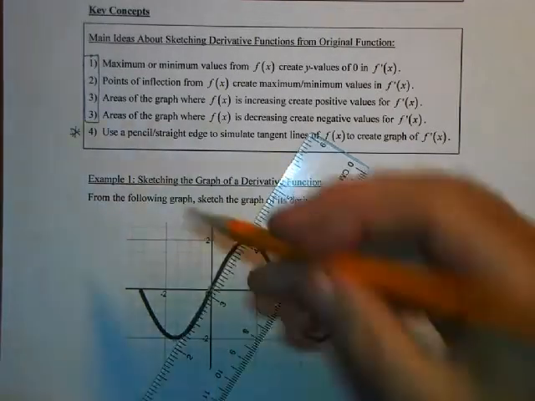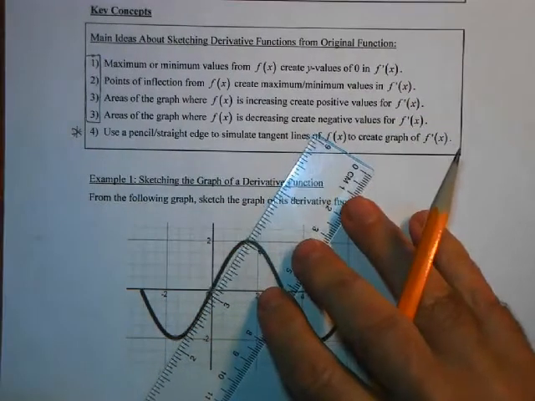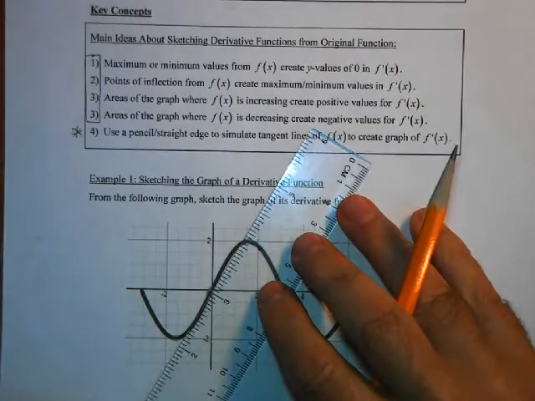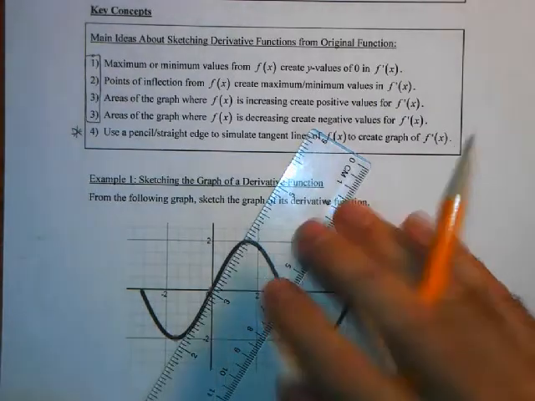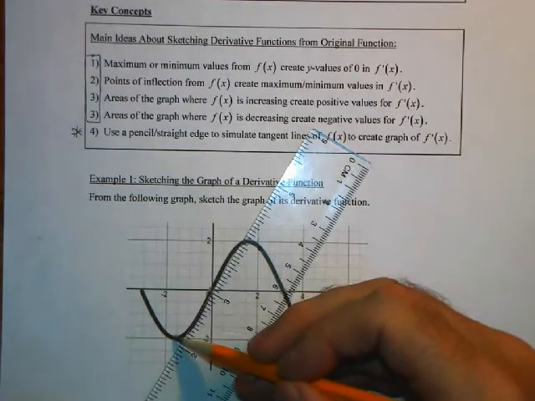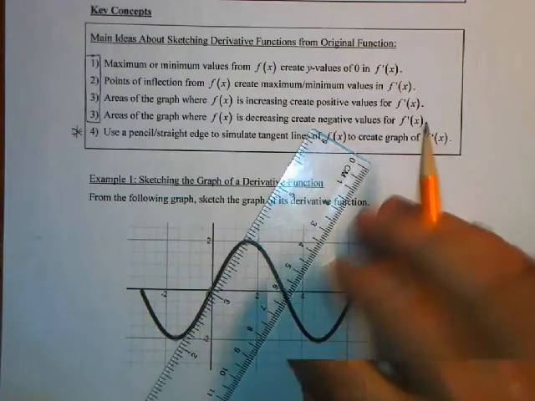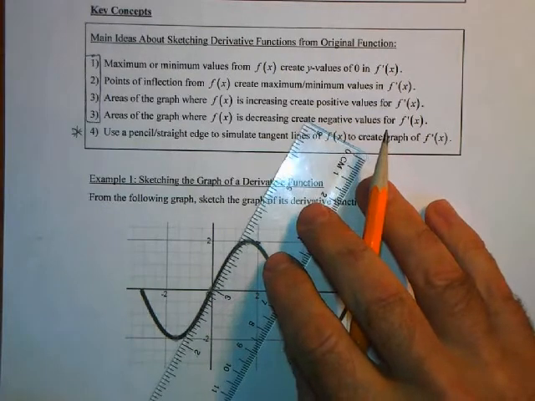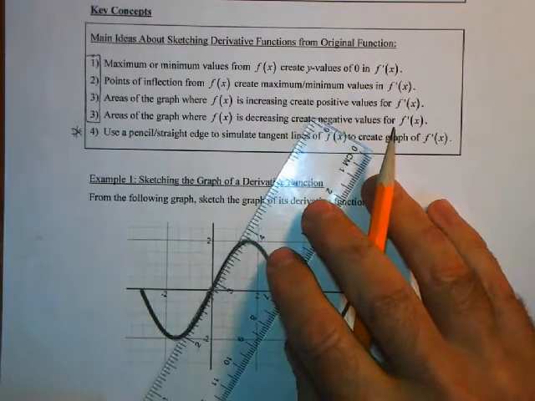And then we get to about that point there, the inflection point. From here to here, the slope was increasing. But as soon as we hit that point, the slope starts to decrease.